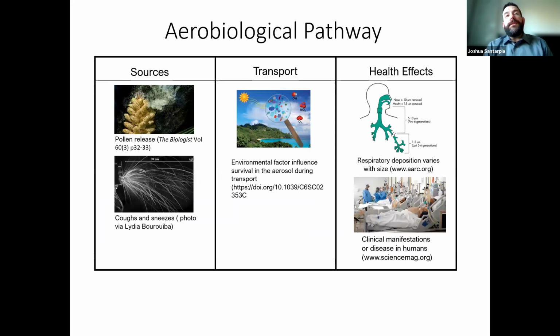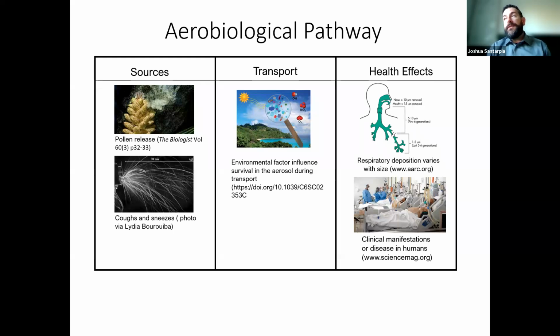So the other thing I want to talk about is the aerobiological pathway. This comes up a lot in infectious aerosol research, and in terms of how we break it down. Alex mentioned something before. We think about sources, whether that's coughs or sneezes or natural sources of infectious particles. There's a transport factor, so it has to get from the emission point to the person that's going to be infected.